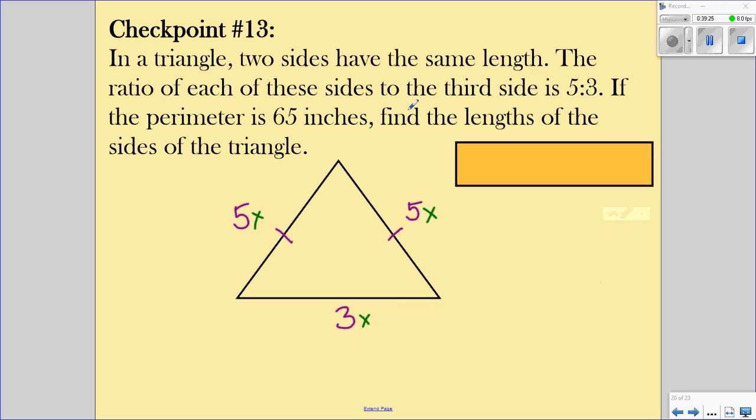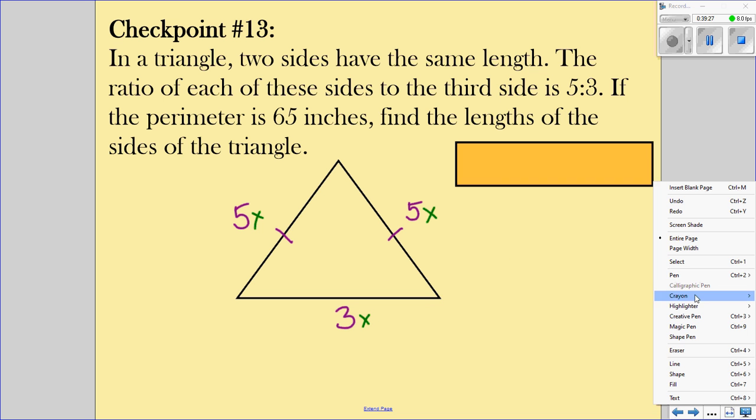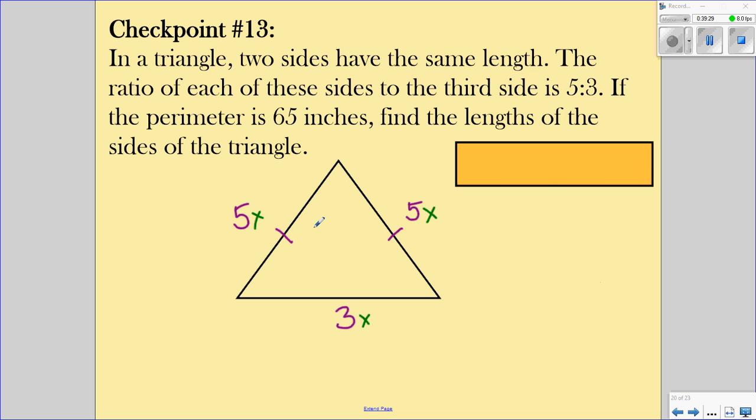Alright, so now they said that the perimeter is 65 inches, which I'm going to put in the middle of the triangle. Find the lengths of each side of the triangle. That's when you're going to find all of them. So I'm going to put 5x here.